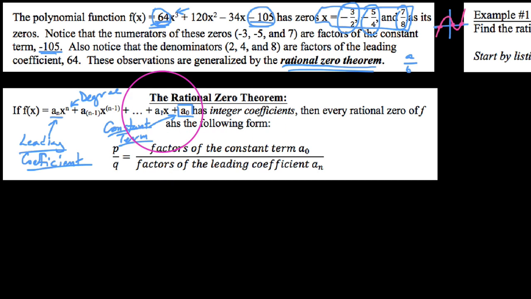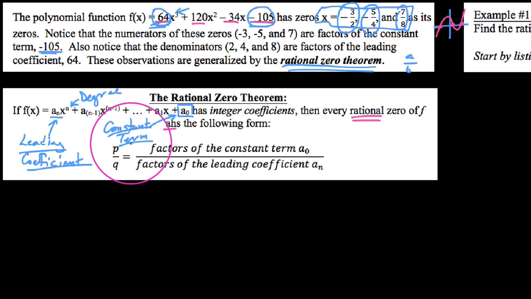And we say this: if f of x has all integer coefficients, that is, this polynomial up here had 64, 120, -34, and -105, and those were all integers, all whole numbers, positive or negative, or 0, then every rational zero, that is every zero that can be written as a fraction, of f of x has the following form.